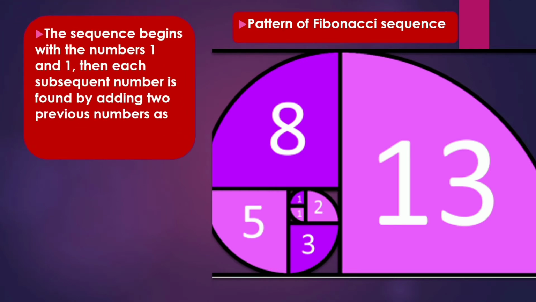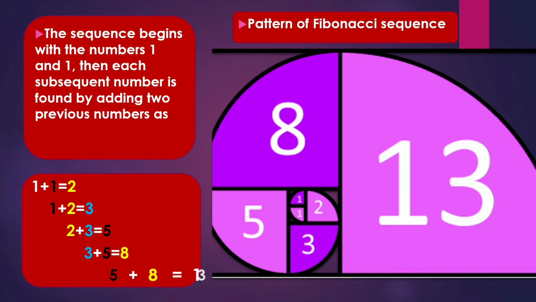The sequence begins with the numbers 1 and 1, then each subsequent number is found by adding the two previous numbers. As you can see on the screen, here is how the numbers work. 1 plus 1 we get 2, adding 1 and 2 we get 3, now adding 2 and 3 we get 5, 3 plus 5 we get 8, and further 5 plus 8 we get 13.